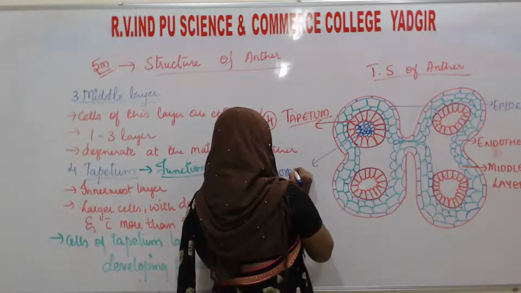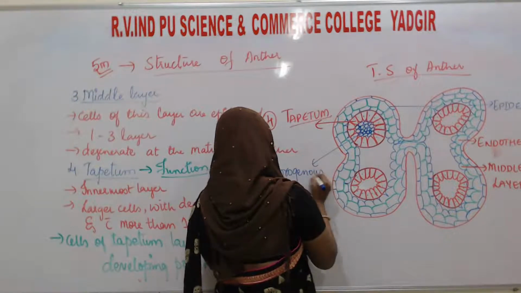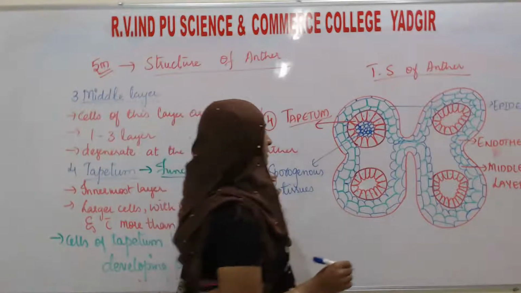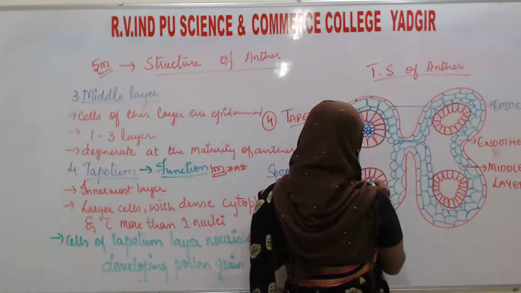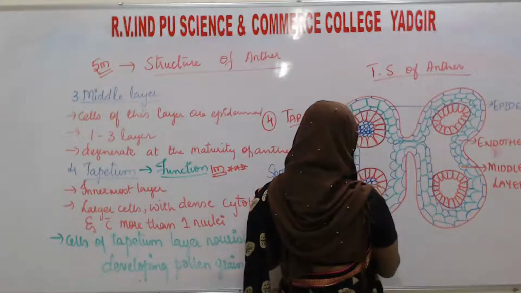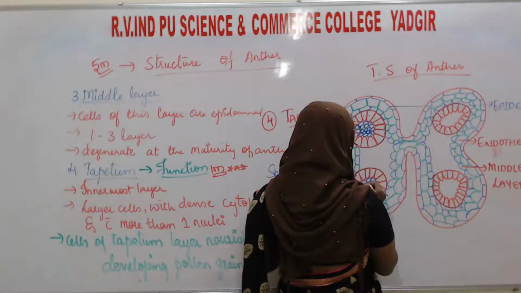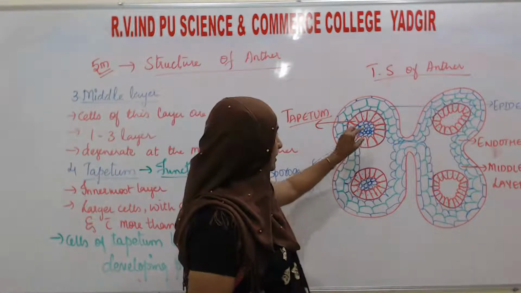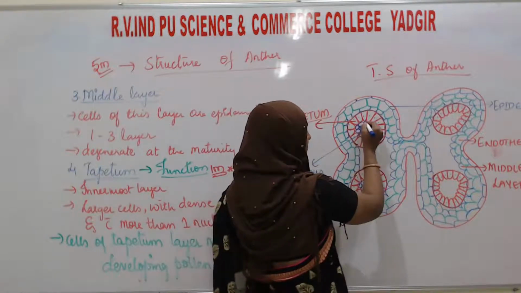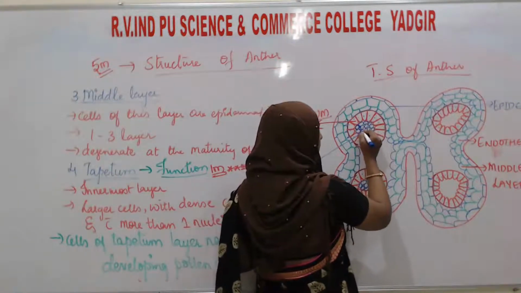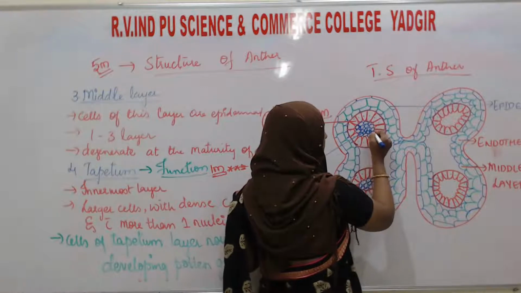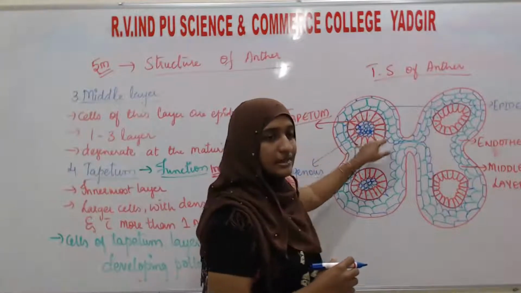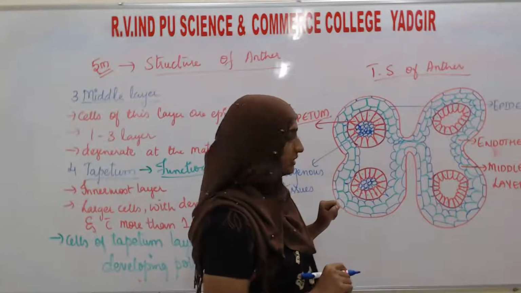What is it? Sporogenous tissue. Okay, see here. So these sporogenous tissues only will give rise to the pollen grains. The cells of the sporogenous tissue will give rise to the pollen grains, by taking nourishment from the surrounding cells, that is the tapetum cells.